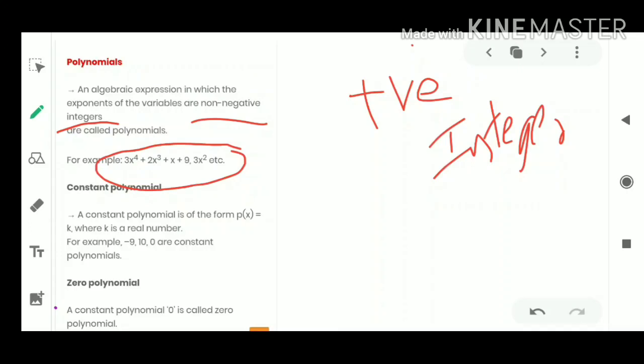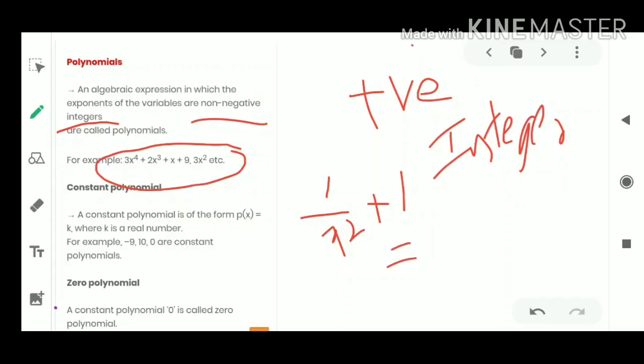See here, 3x power 4, 4 is positive. 2x cube, 3 is positive. x plus 9, 3x square. In all, the exponents are only positive numbers. For example, 1 by x square plus 1: is it a polynomial?